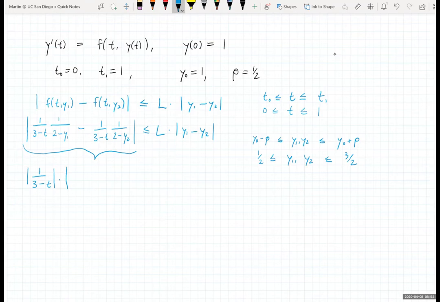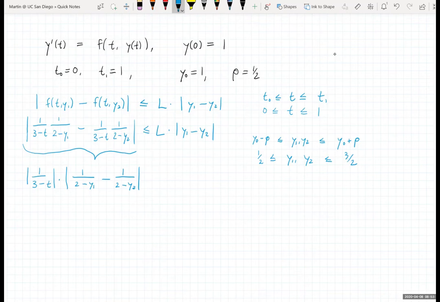And I'm left with the absolute value of 1 over 2 minus y1 minus 1 over 2 minus y2. This function, 1 over 2 minus y, is differentiable as long as I stay away from the singularity at y equal 2.